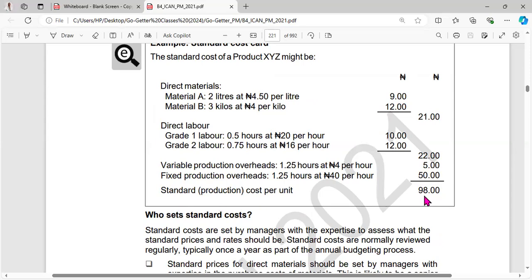They might add that 20% to 98. You find 20% of 98, that's a markup. You add it, you have your standard price. So you might be seeing something like that. But this is a cost card, so that is why it's ending at standard cost for 1 unit.